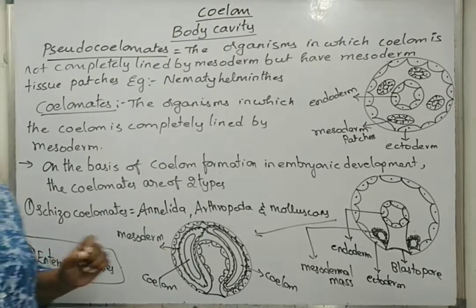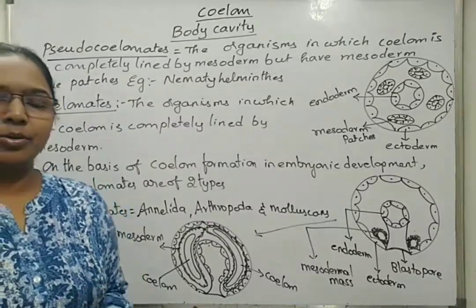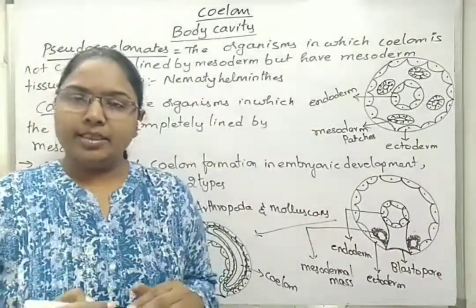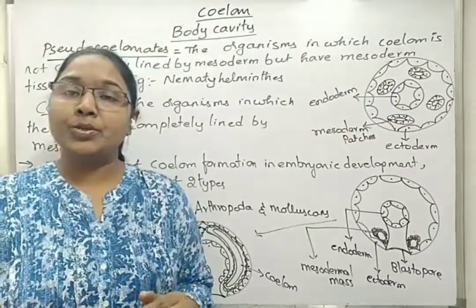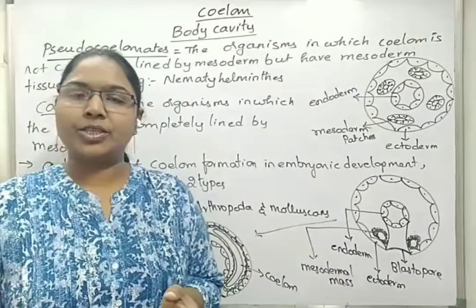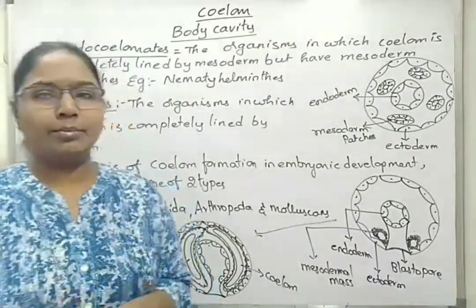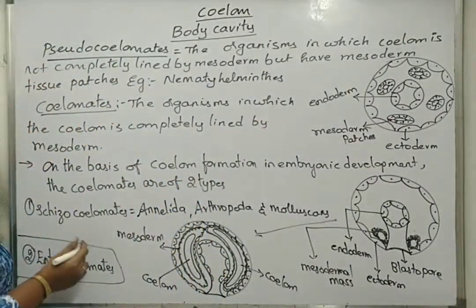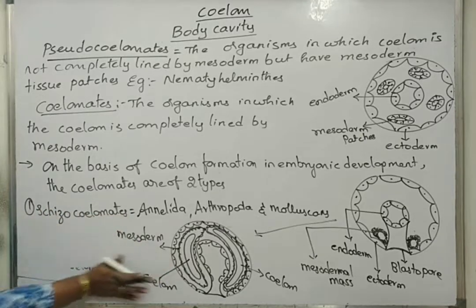In case of schizocoelomates, if we want to frame a sentence, how do we frame it? In the organisms in which mesoderm is split, meaning a cavity-like structure forms, and the coelom is lined by mesoderm. So for schizocoelomates we will write a definition here.